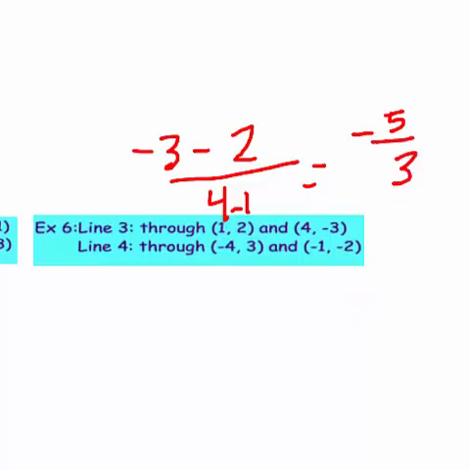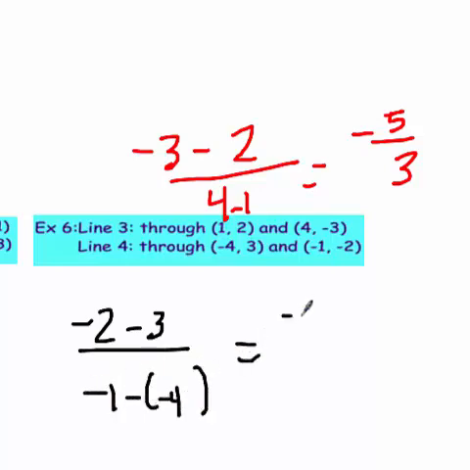Okay, and on the bottom, for line 4, here I have -2 minus 3, and on the bottom, -1 minus -4. So that would tell me that's -5, and that would be a -3. Okay, so -1 minus -4 would be +3.